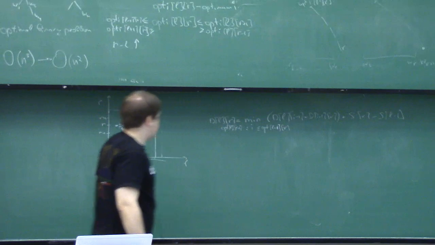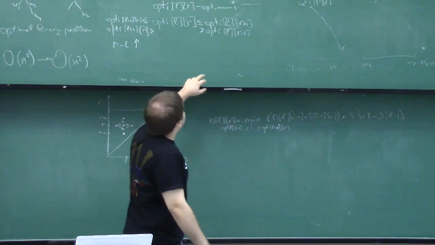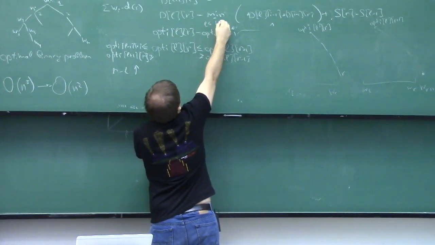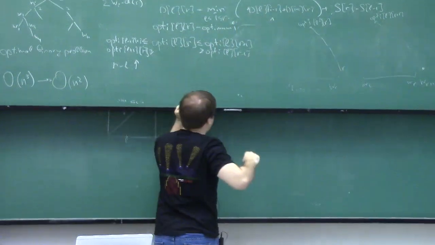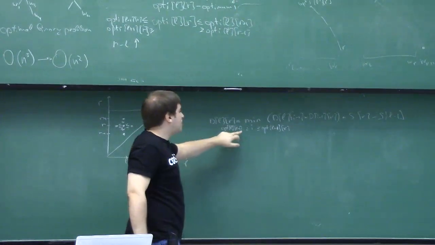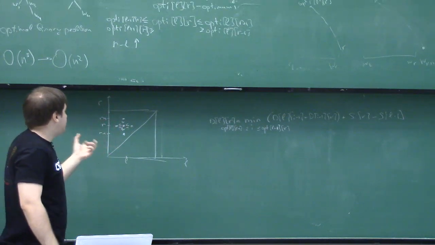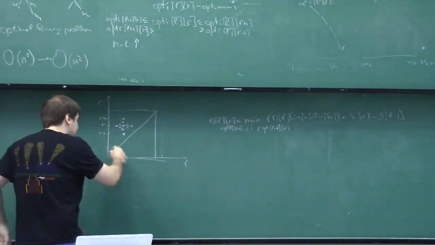So we just put more tight bounds over here. Here we had L smaller or equal than i smaller or equal than R, and here we have more tight bounds. We know the optimum positions for the layer that is below us.